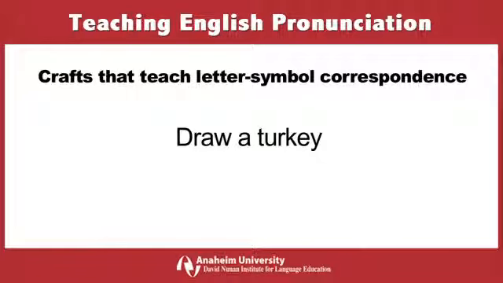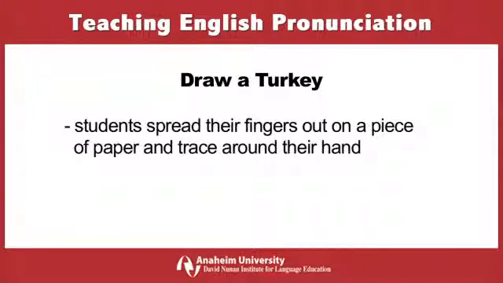You might like to have your students draw a turkey. What you would do was each student would have some paper, some coloured pencils, and you'd ask the learners to spread their fingers out on that piece of paper and then trace around their hand.